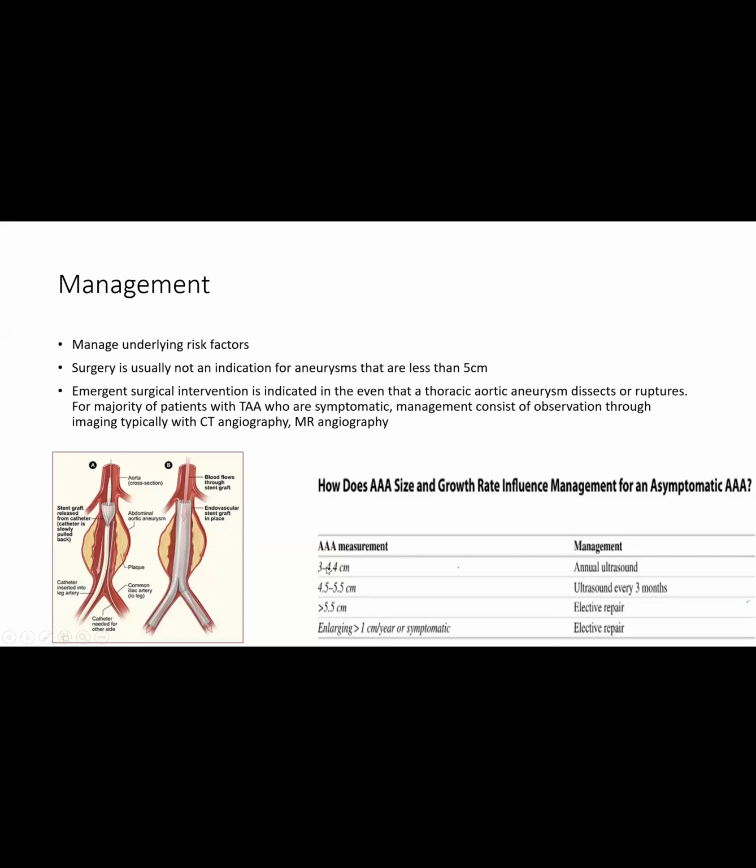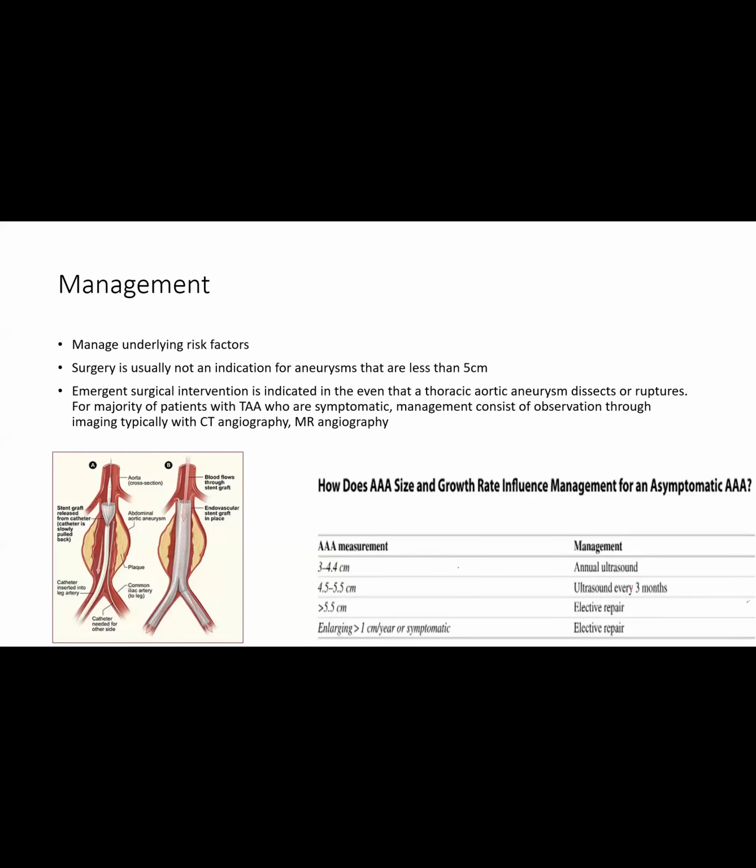So for an aneurysm between 3 to 4.4 centimeters, the management is annual ultrasound, every year they observe with ultrasound. Okay, for an aneurysm of 4.5 to 5.5 centimeters, the patient has ultrasound every 3 months.